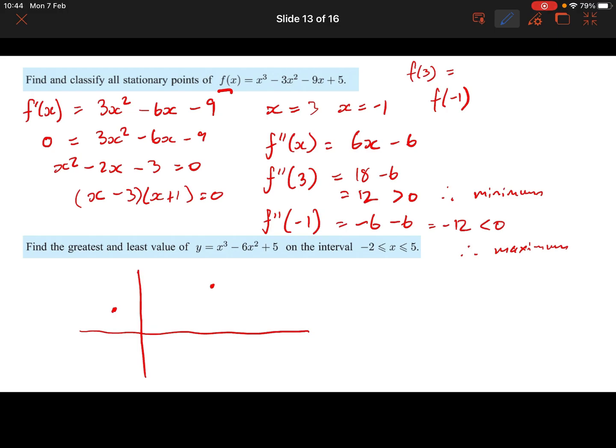Hang on, I've done something crazy here. Maximum, minimum, how have I made a mistake here? At x equals 3, that's right, okay. No, hang on.